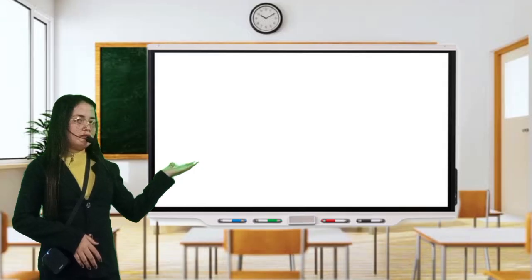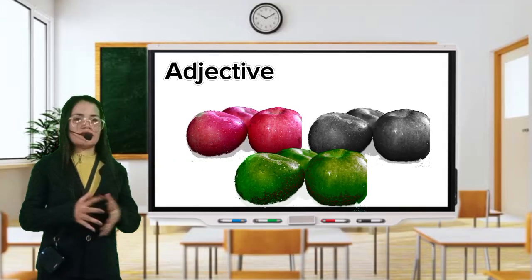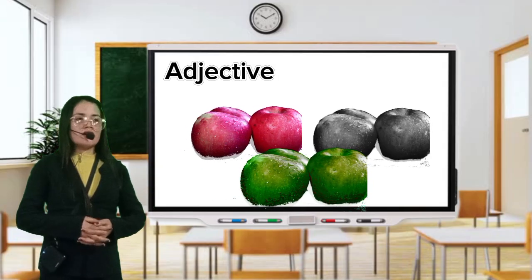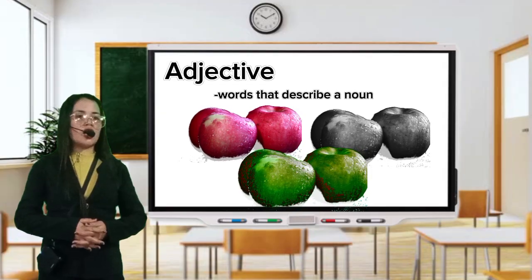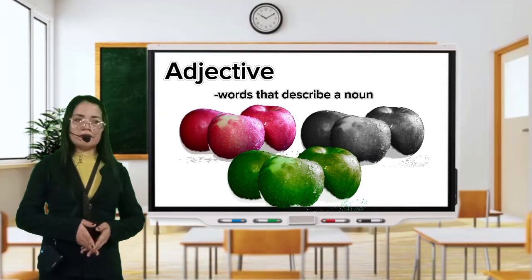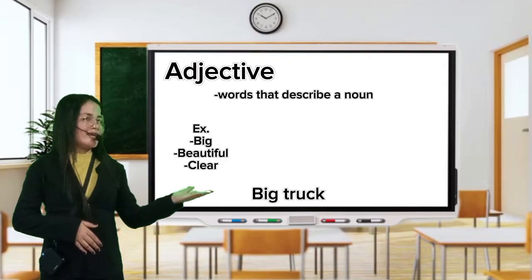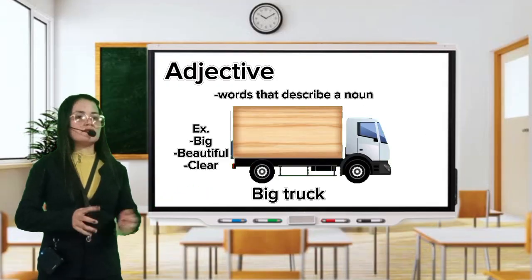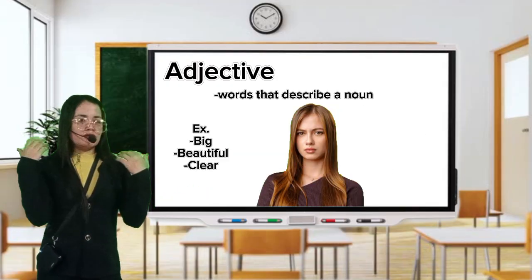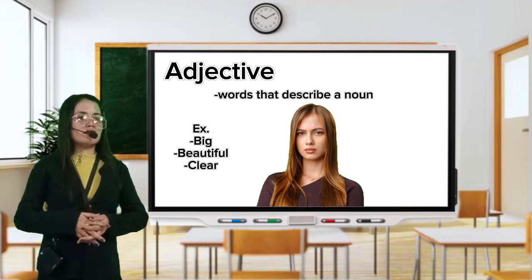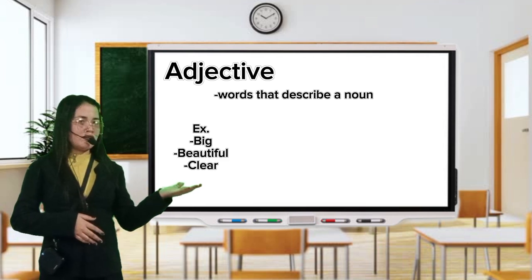Adjective. Words that describe a noun. Example, big, beautiful, clear.